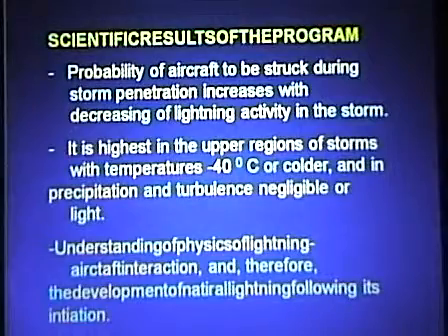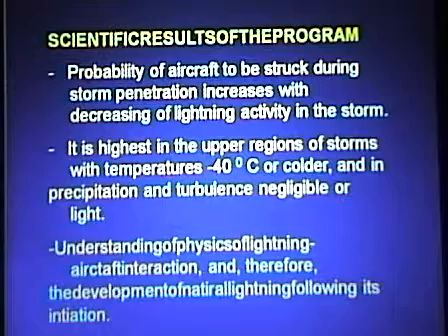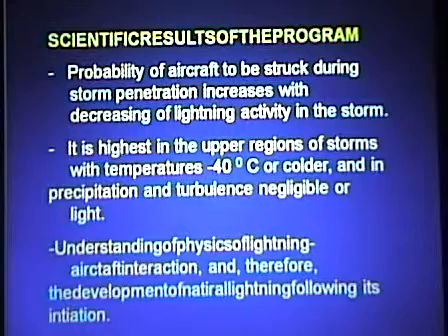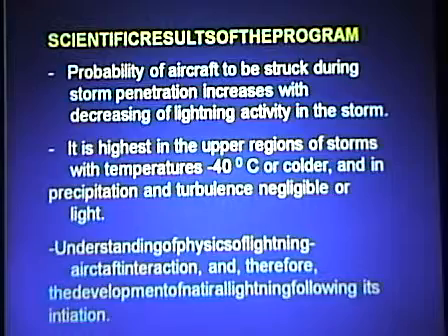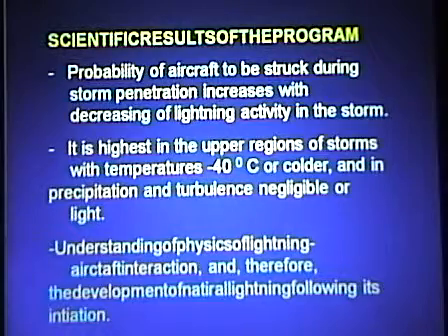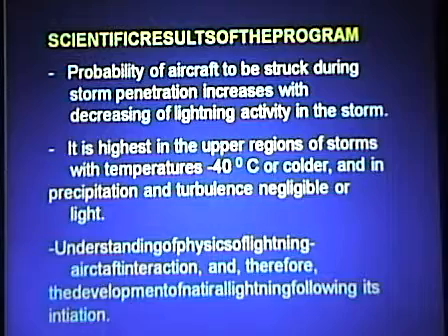So, as a result of this program, we learned about probability of aircraft to be struck by lightning during storm penetration. What was surprising to learn is that probability of being struck actually decreases with increasing frequency of lightning and thunderstorms.